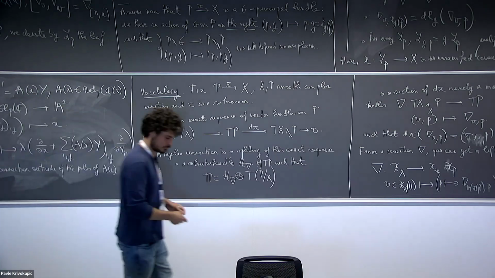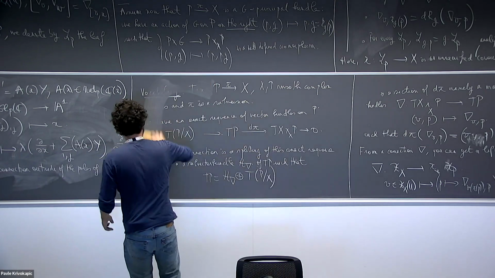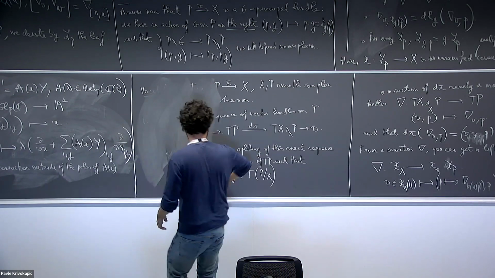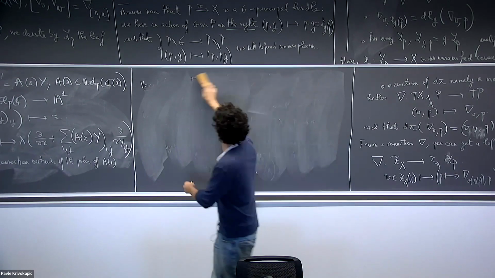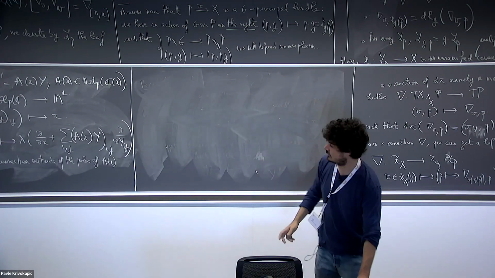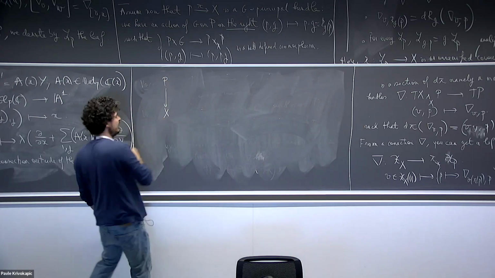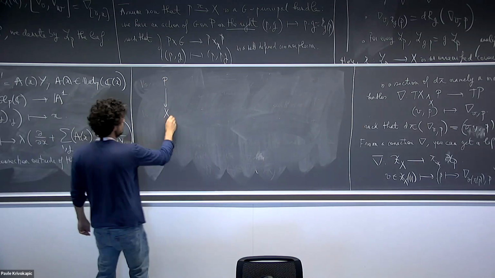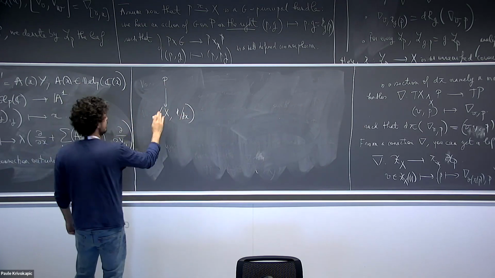So if you remember what we did last time, if you have P over X, on X you have the vector field d over dx, where X is A1.